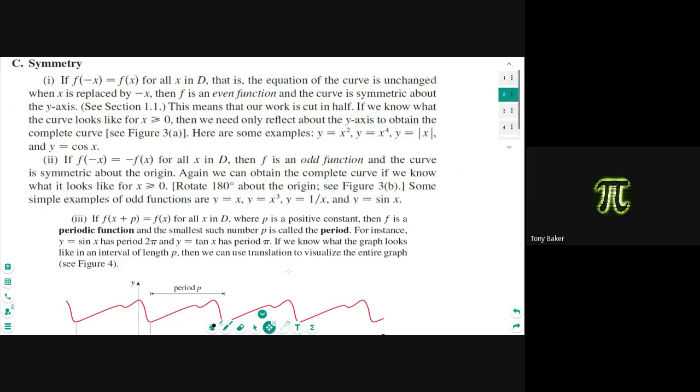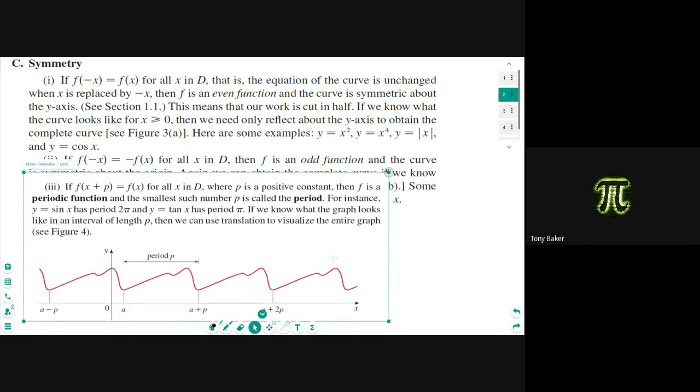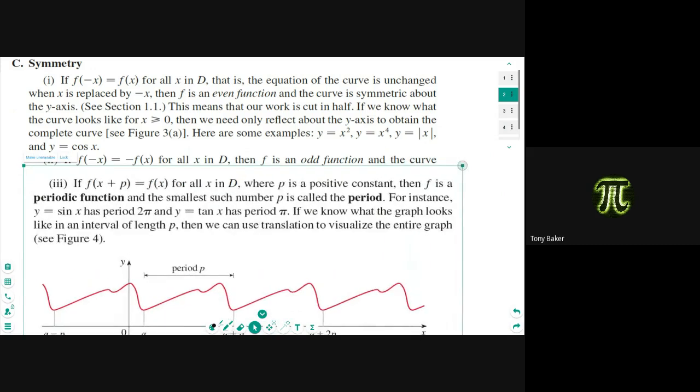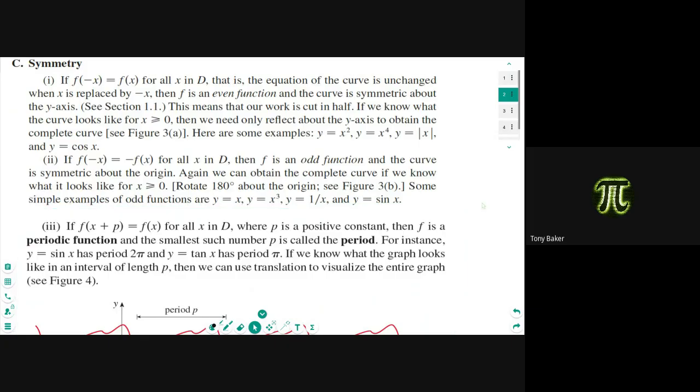Next, symmetry. So symmetry will help us find and create graphs because it allows us to find only parts of them. You saw this in pre-calc when you were looking at even functions and odd functions.